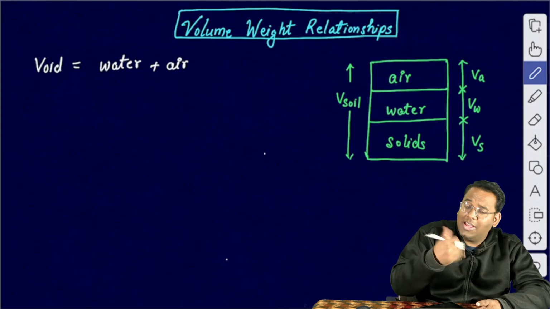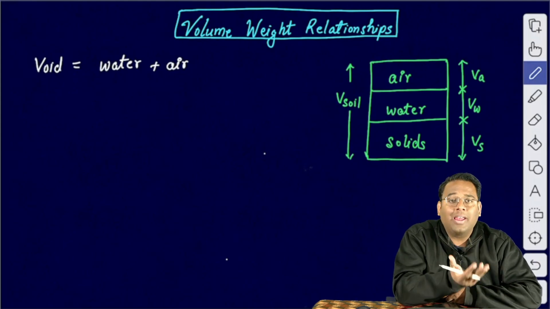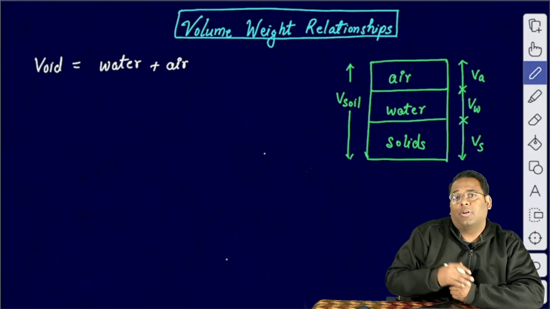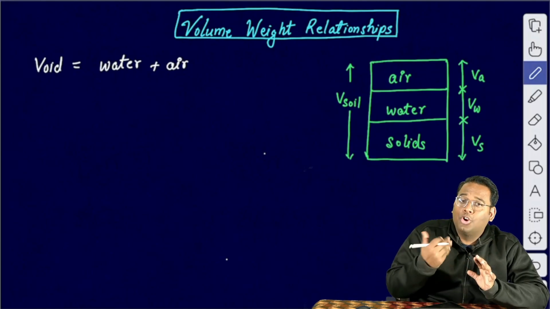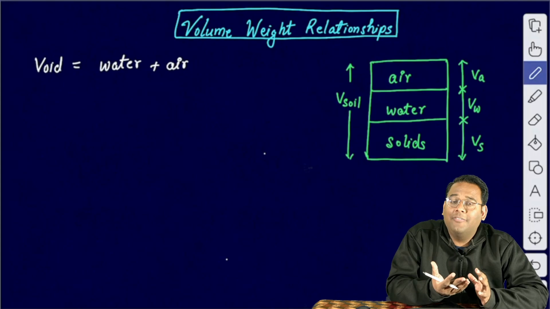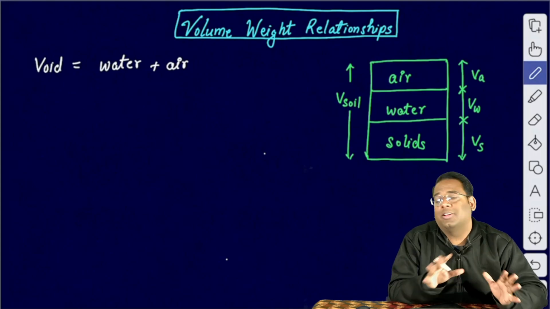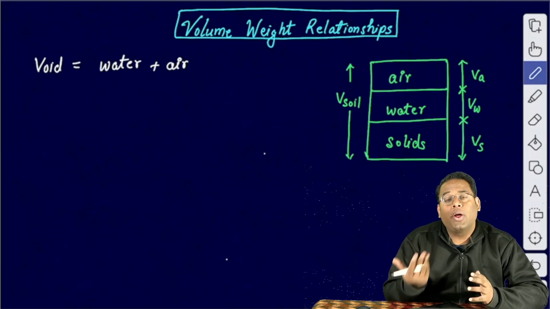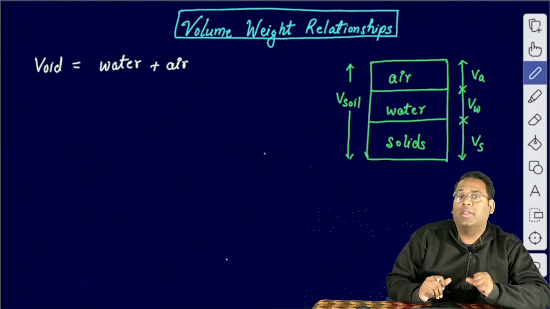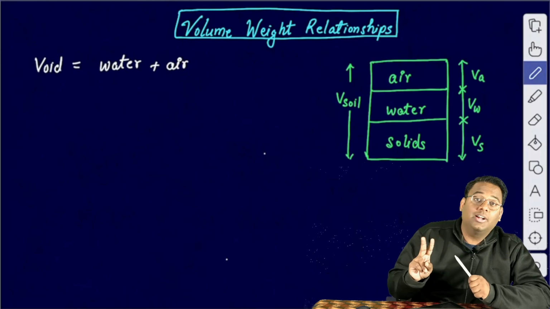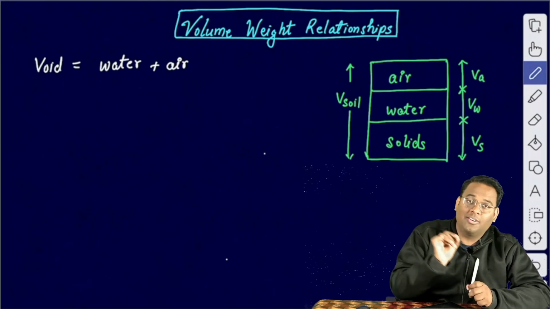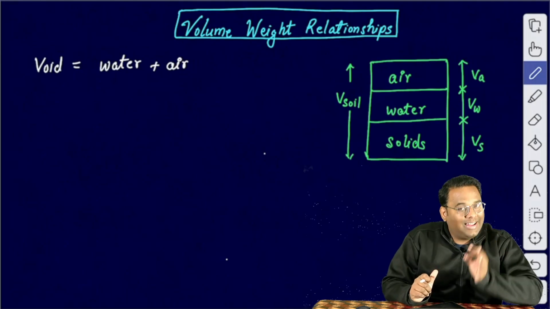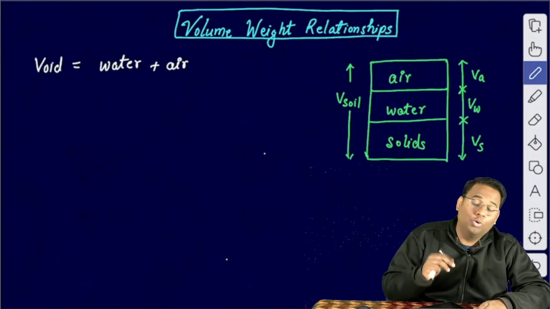And yes, if we are solving some numerical or want to give some data about a particular soil, then even drawing such a phase diagram will not be suitable all the time. That is why, to represent how much voids are present in a particular soil, we have defined two terms. The first term is the void ratio and the second term is the porosity. In this lecture, we are going to talk about both of them.